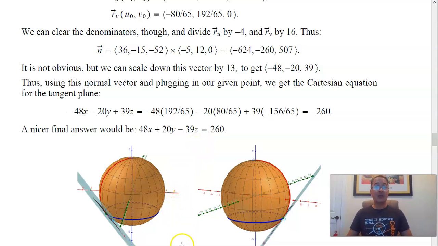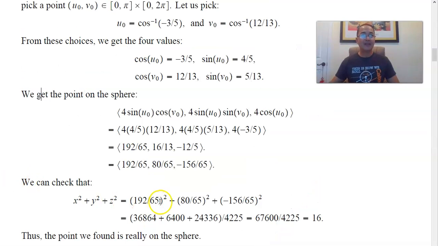Okay, so for our problem today, we are going to play with the same sphere, but we are going to rearrange the point. Let me take you through choosing the theta and the phi, basically. Okay, so we got these three coordinates, and we checked that they do satisfy the equation of the sphere.